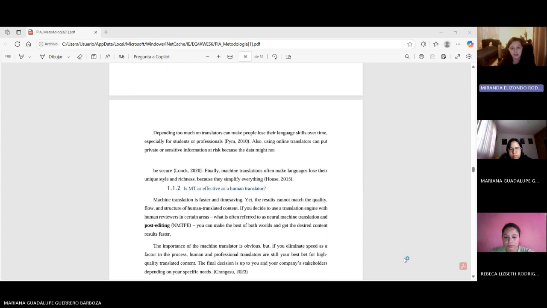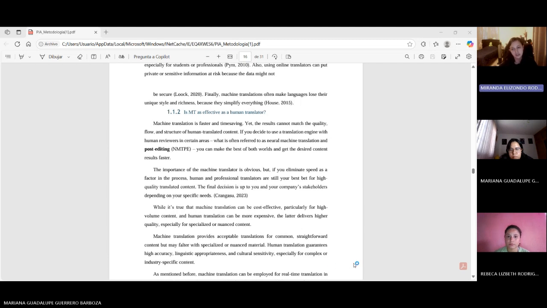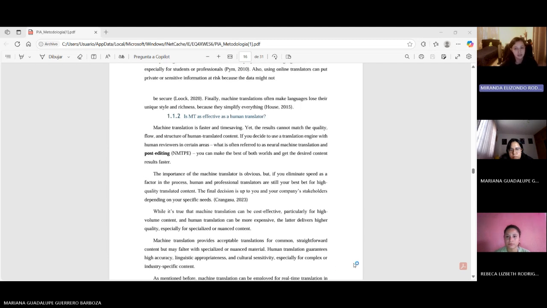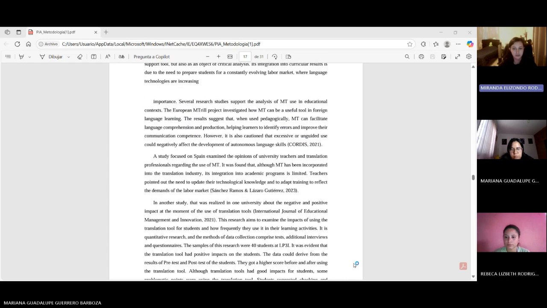And third, our goal is to describe the key characteristics and differences between translations done with machine translation tools, and those done by human translators using their self-knowledge and research. These objectives guide the direction of our study and help us to focus on real and observable results.